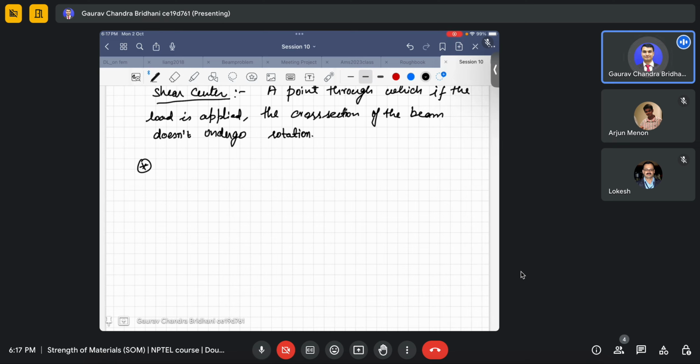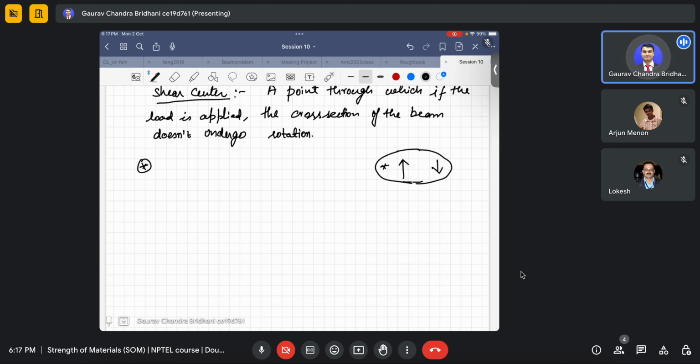So basically we can find that x and y just by taking the moment about any point, and we put that moment to be 0. All I am doing is in a cross section. I'll just give a very small sense, like suppose there is some cross section, and I'll have some shear flow happening, suppose something like this.